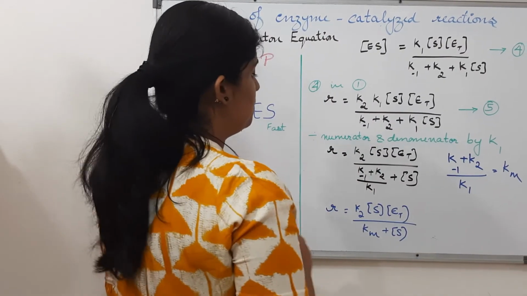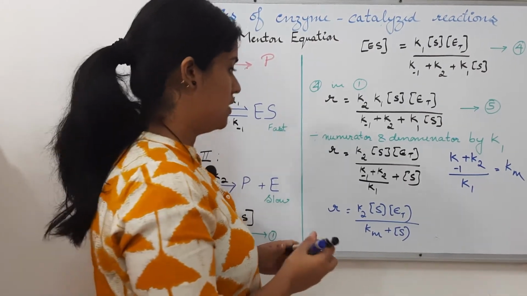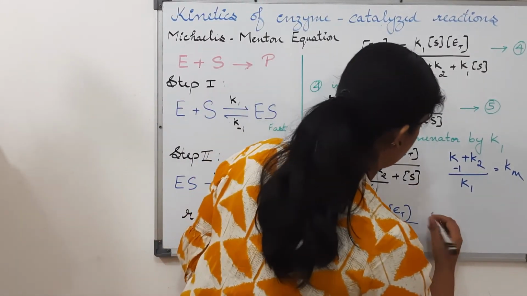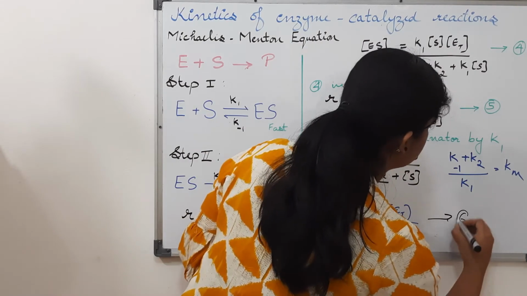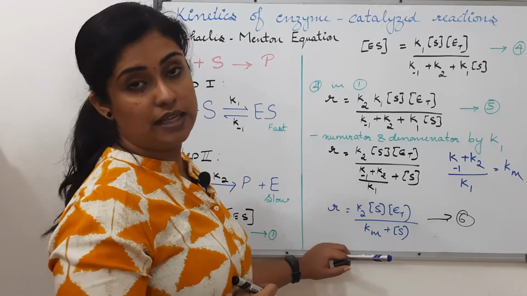And this particular thing that we have is my Michaelis Menten equation. So this is equation number 6, and the sixth equation is my Michaelis Menten equation, where Km is the Michaelis Menten constant.